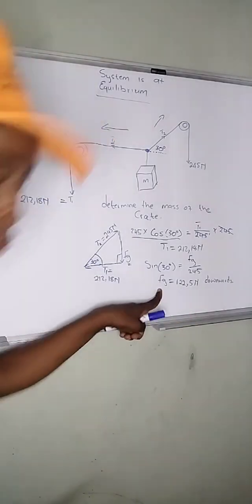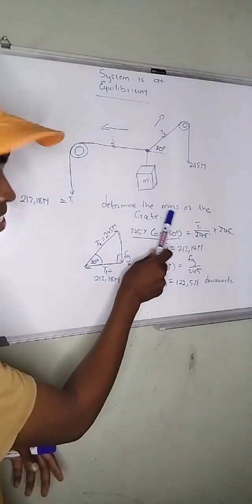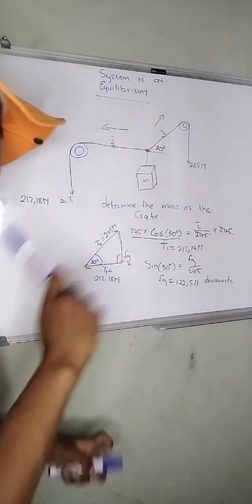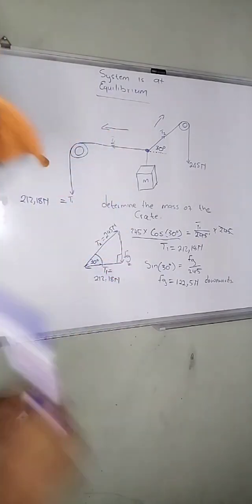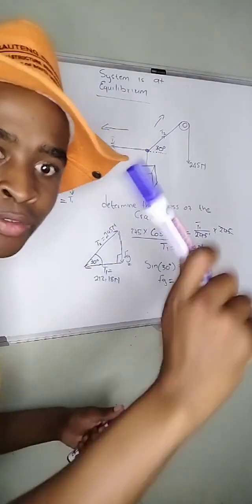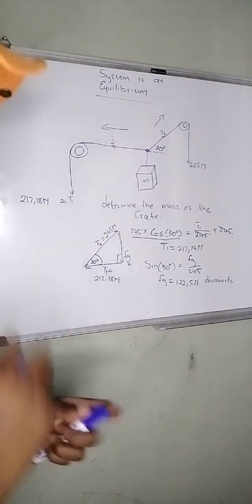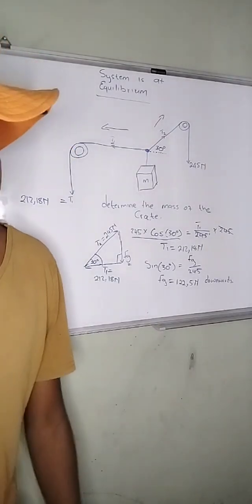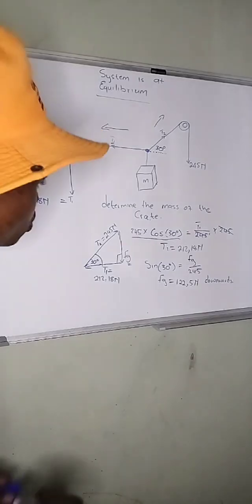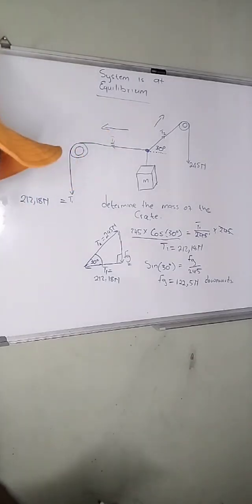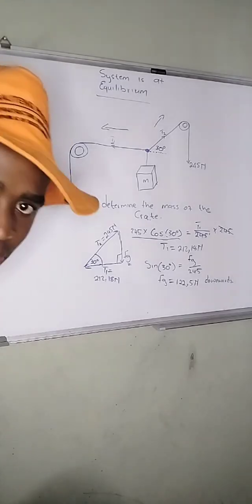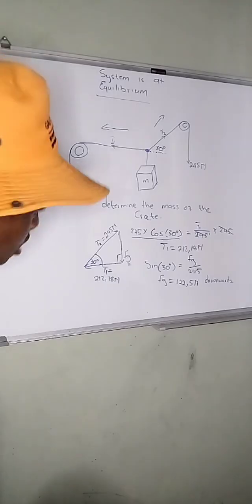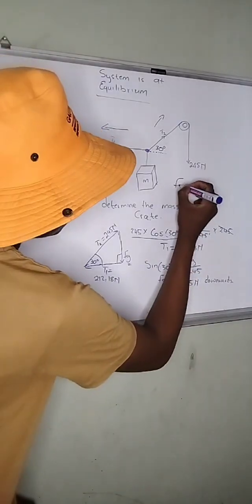We are not looking for the force. We are looking for the mass. Right? So which formula are we supposed to use in order for us to determine the mass of an object? We are going to use what? F net is equals to MA. No. Yes, we are going to use FG.